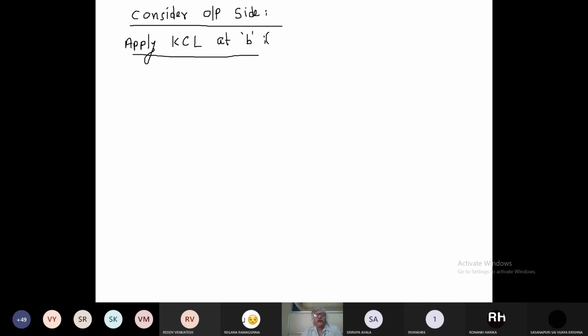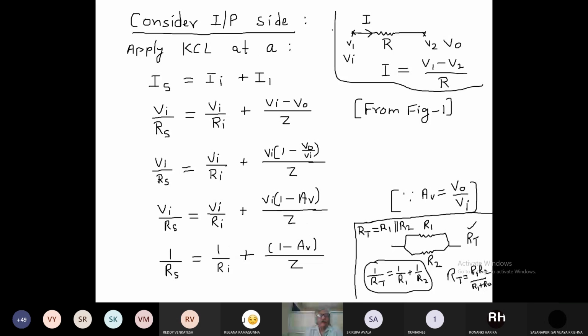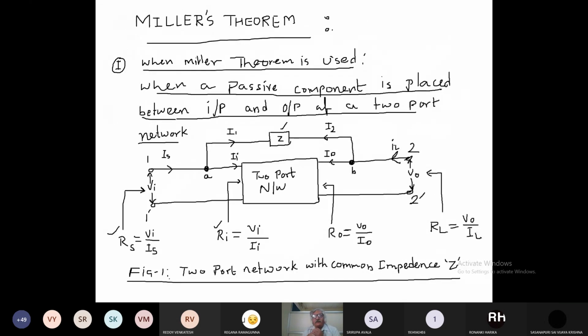I write here figure 1. See this figure. So IL is equal to I2 plus I0, I2 plus I0.